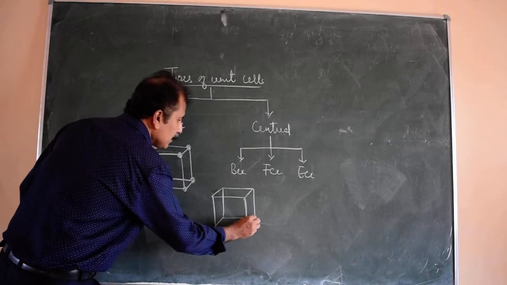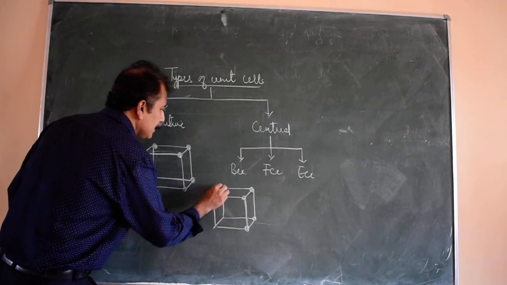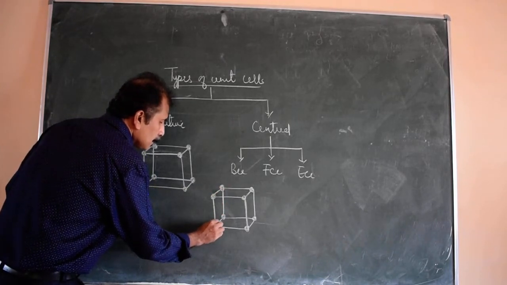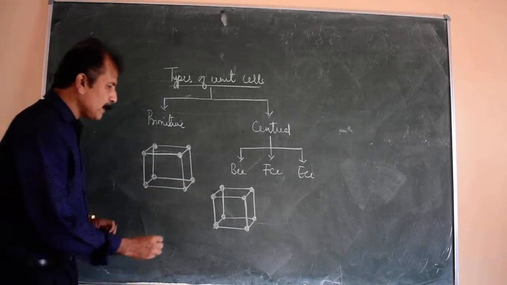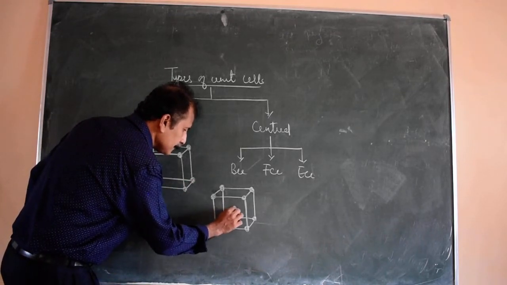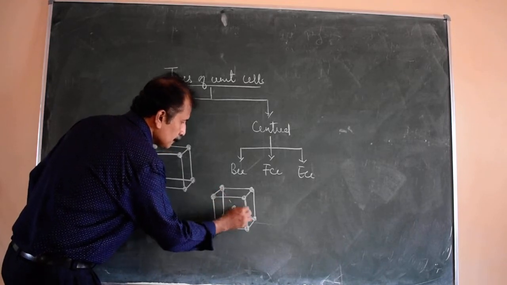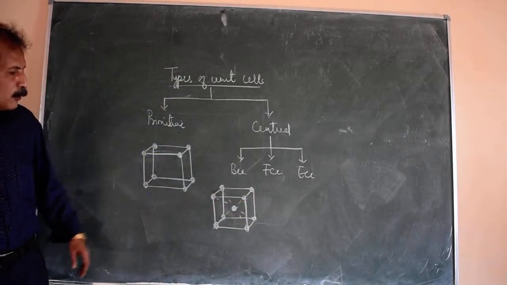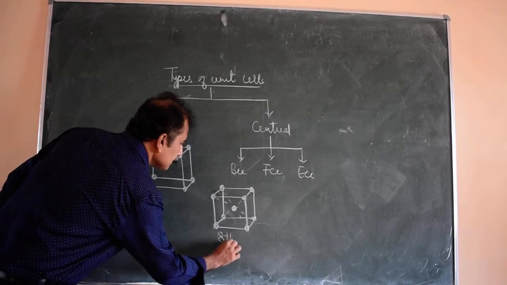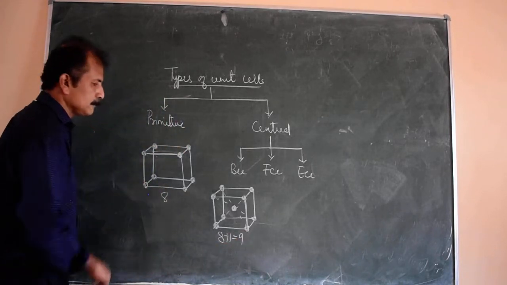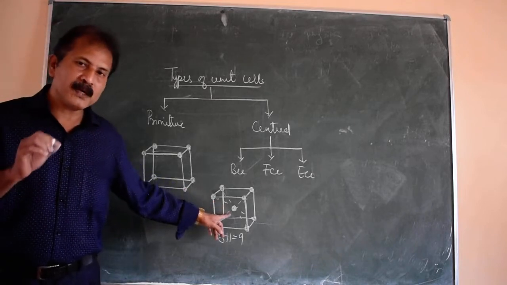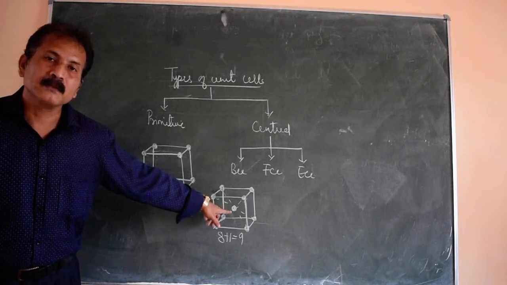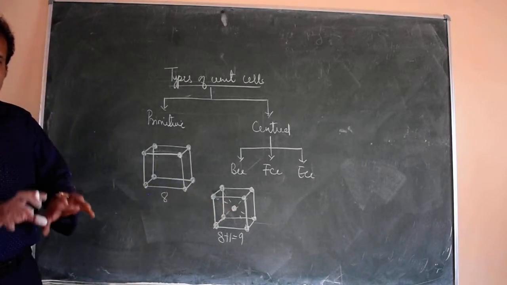If 8 are there at the corners, it is primitive, isn't it? Other than these 8, there is one particle at the center. So totally there are 8 plus 1, 9. This one is at the body center, so it is independent. It is not touching anybody, because it is inside.